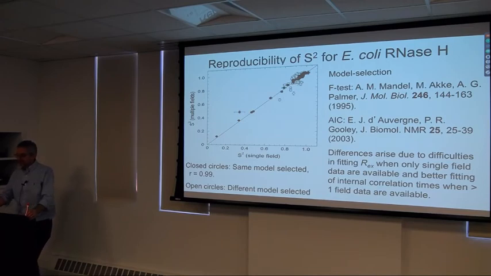And the most common of many Bayesian approaches is called AIC. And there's NMR papers applying both methods to NMR data. I don't have a strong feeling about either one. I think both work well if you have good enough data.